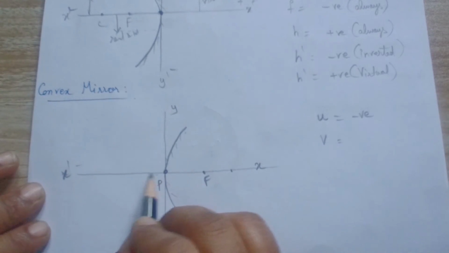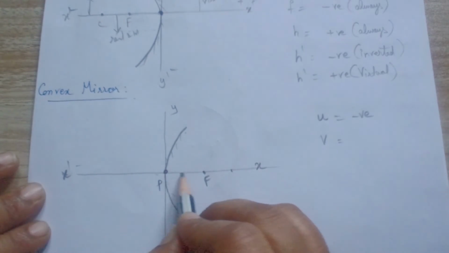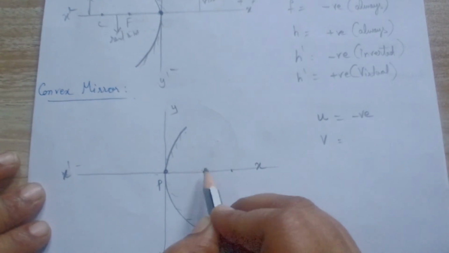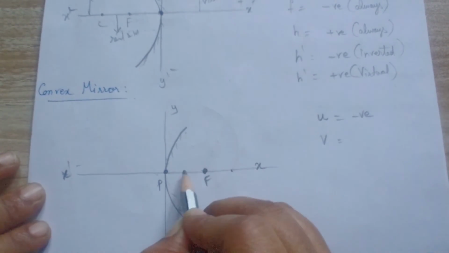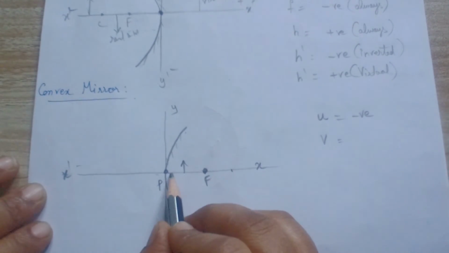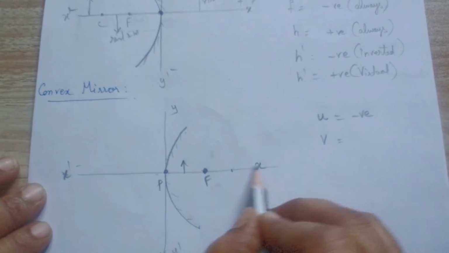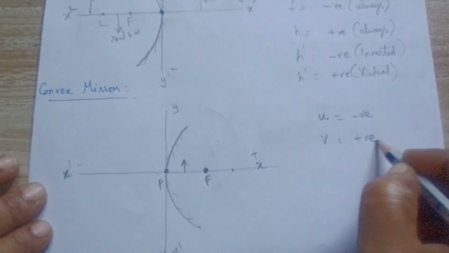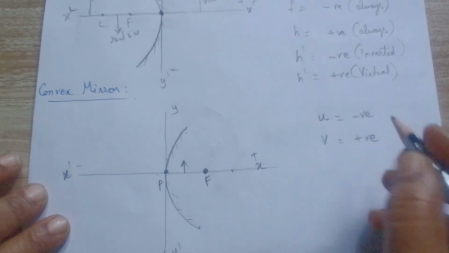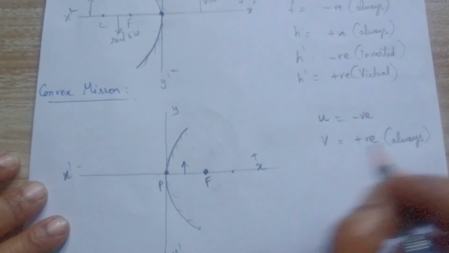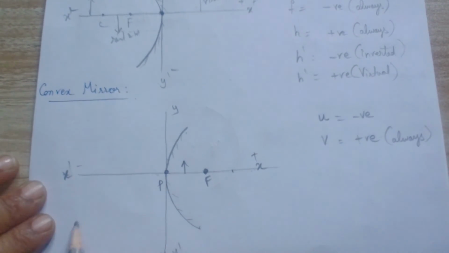When the object is at some distance from the pole, you will get the image between focus and pole. So you will get a small size image either here or here, right? The distance is measured on the x axis, here it is positive. So always v is positive, because we are not going to get the image here. Okay, right?